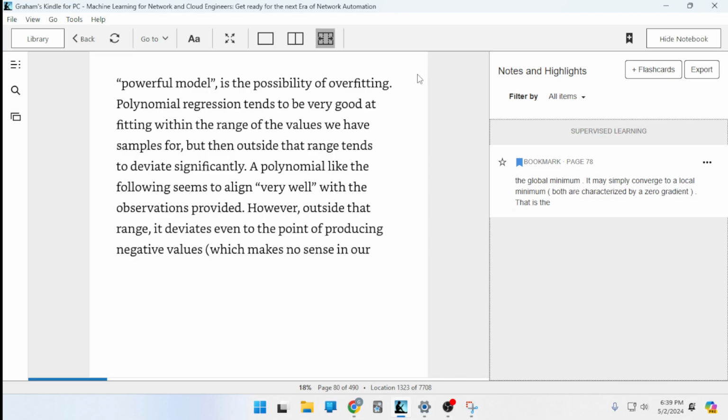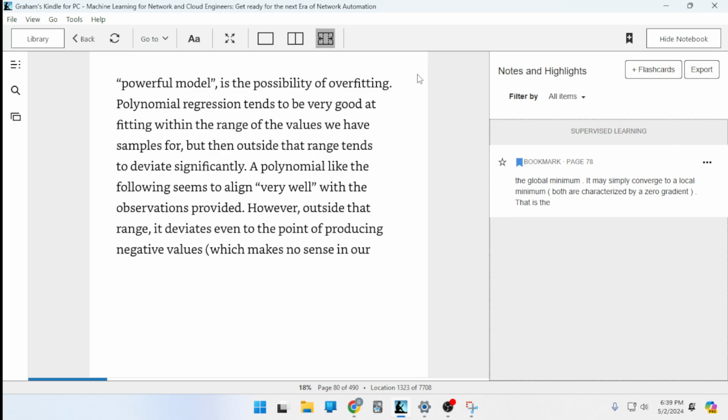Polynomial regression tends to be very good at fitting within the range of the values we have samples for, but then outside that range tends to deviate significantly. A polynomial like the following seems to align very well with the observations provided.